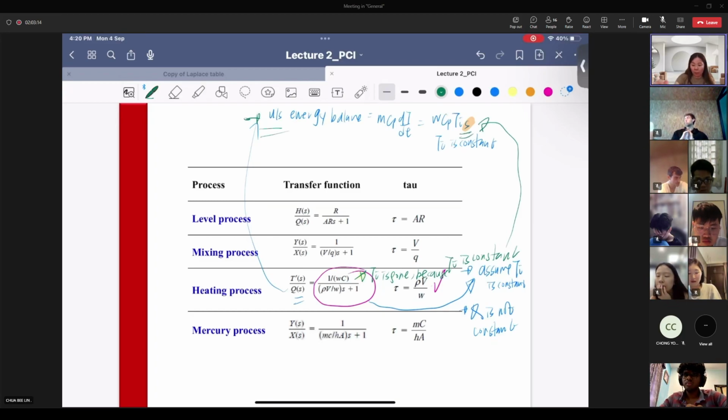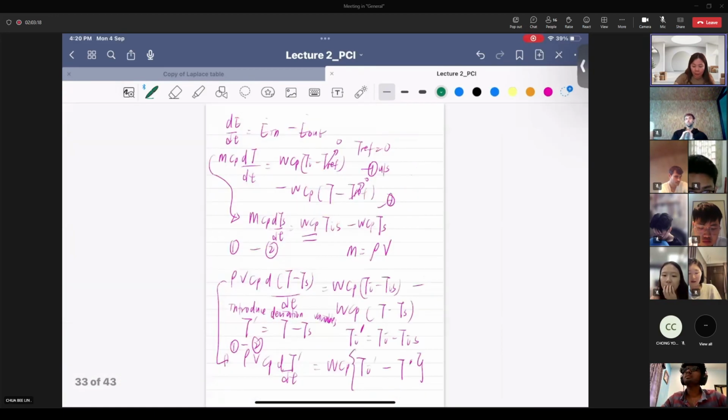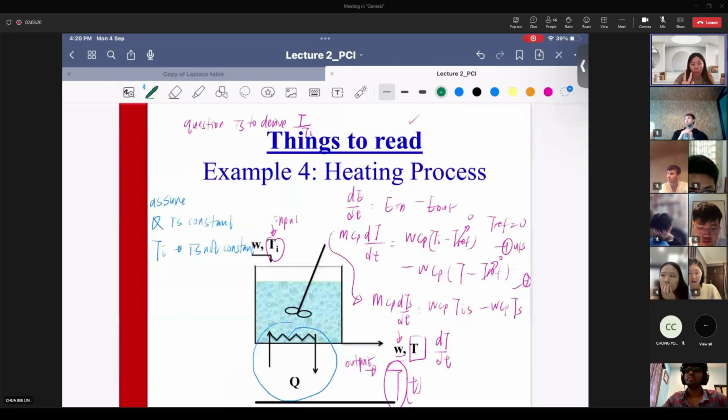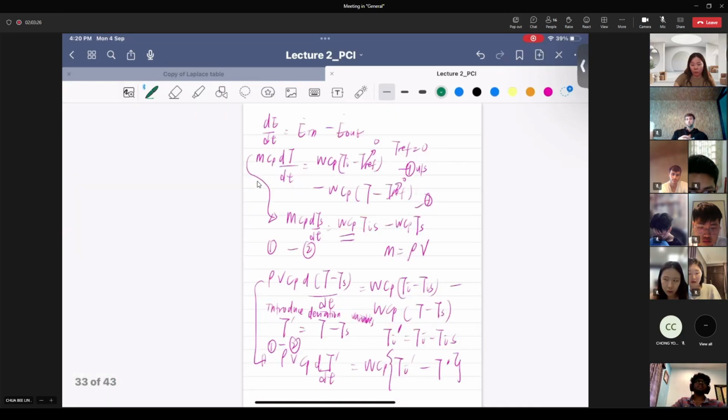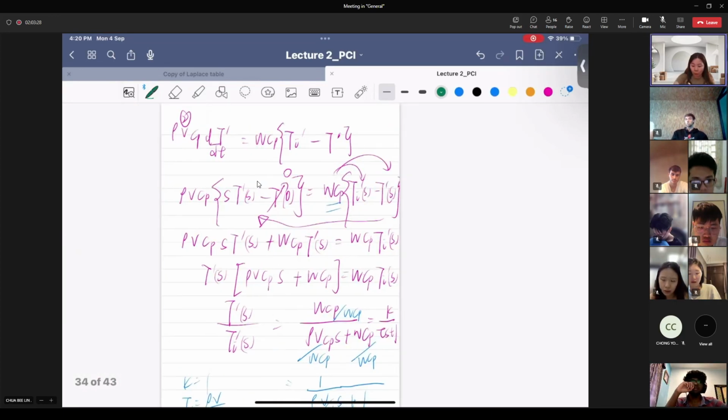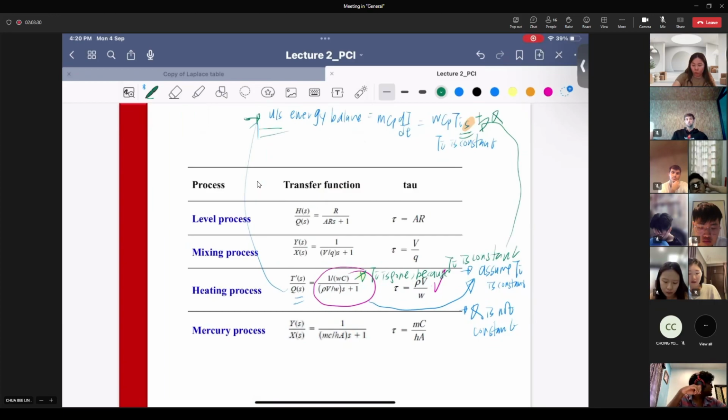unsteady state energy balance. If you refer to the tank here, you have two energy inputs going in. One is here, one is here. So you have to plus Q, okay? And then minus omega Cp, then the T. Then you repeat the same.